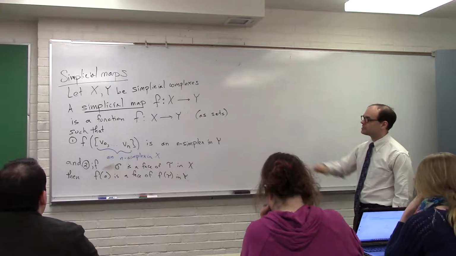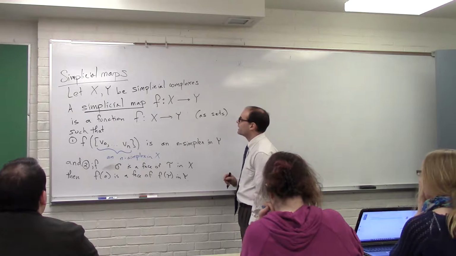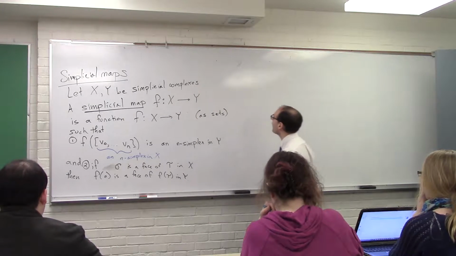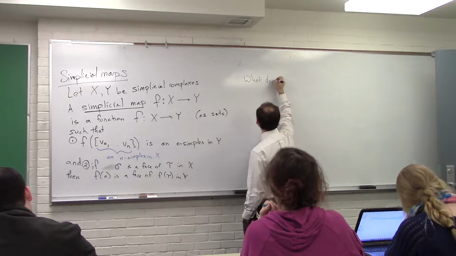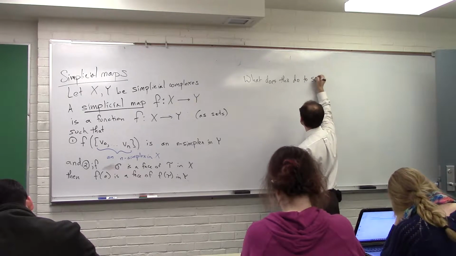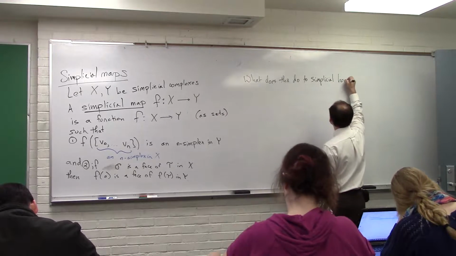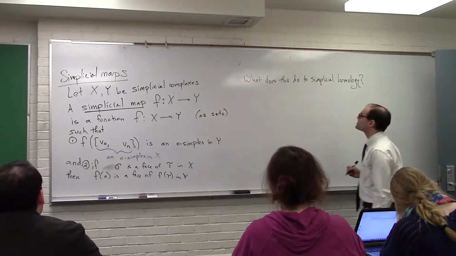Now, given this kind of structure, this does something very nice to the simplicial homology of x and the simplicial homology of y. So, what does this do to simplicial homology? Well, it does something nice.